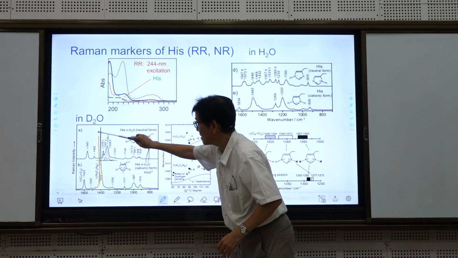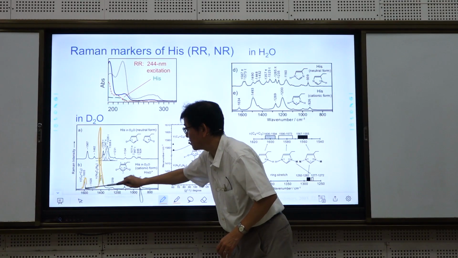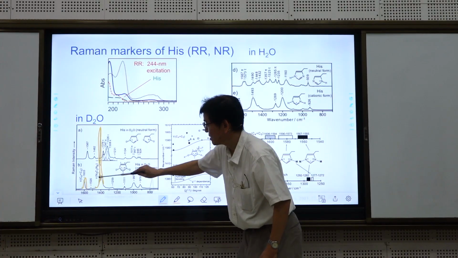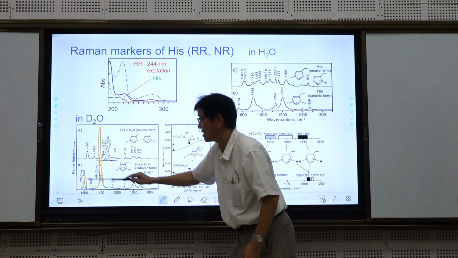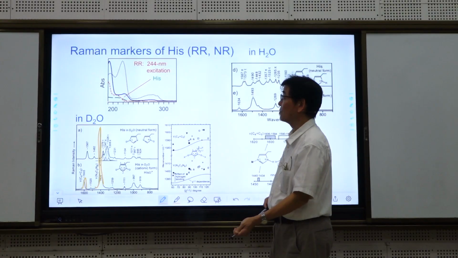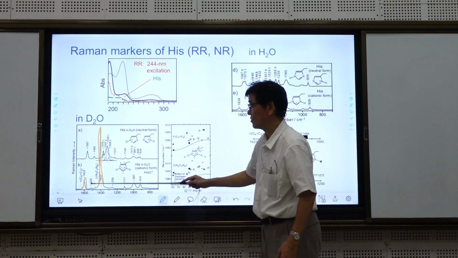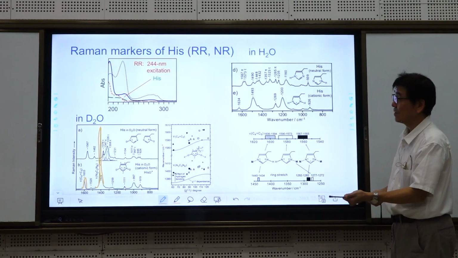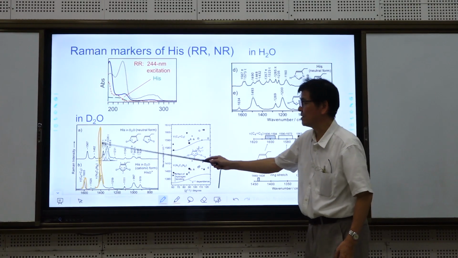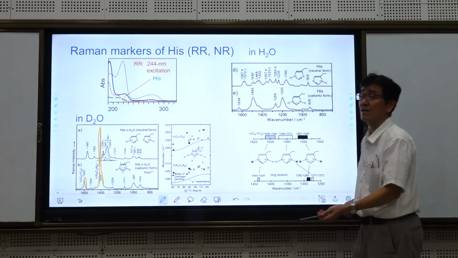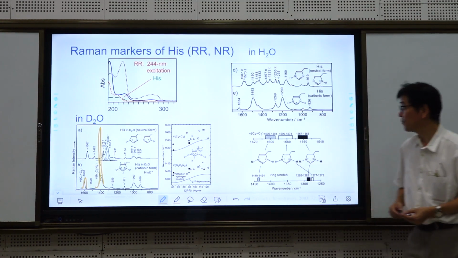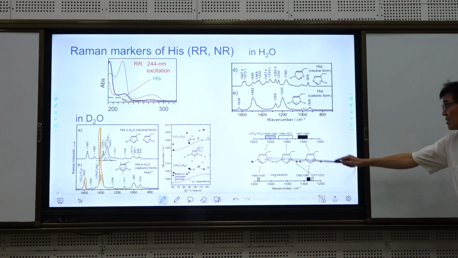Then large peaks of NCN stretching and CC double bond stretching appear. So these are useful and detectable peaks of the histidine side chain. Practically, these two peaks are used for the structural analysis of the histidine side chain. If you can detect this table, it is very useful.